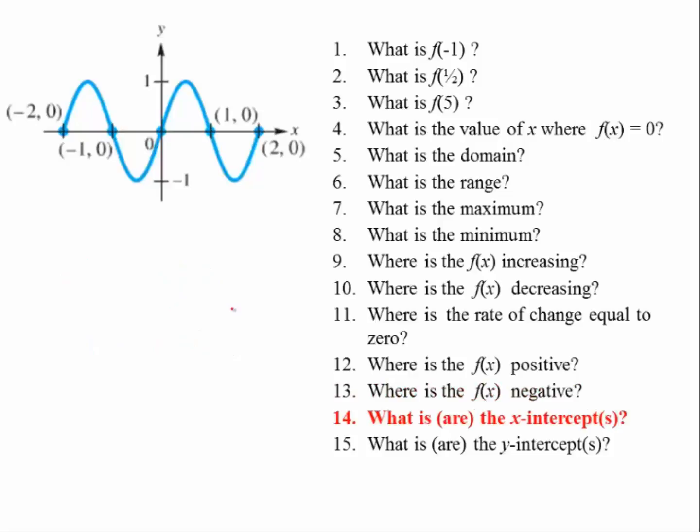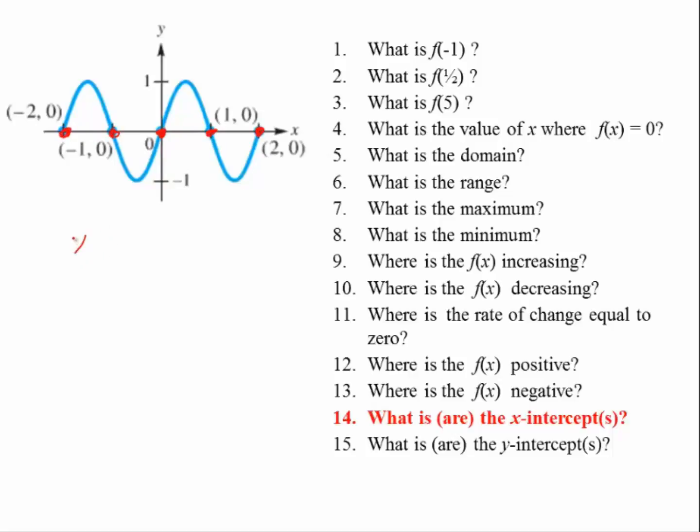Number 14, what are the x-intercepts? Well, that is the same answer as number 4. It is the value of x when y is 0. So we have 1, 2, 3, 4, 5.